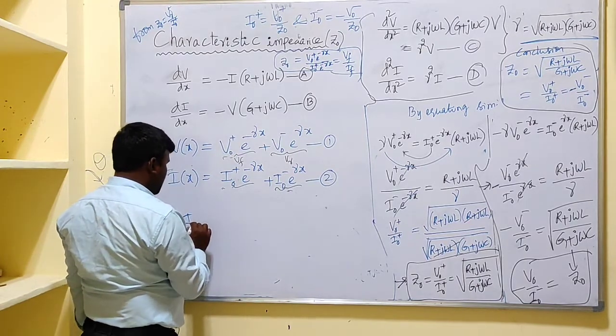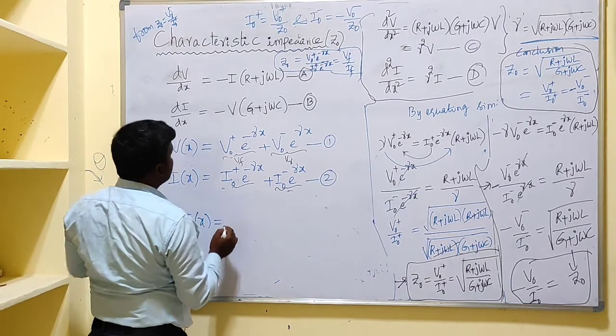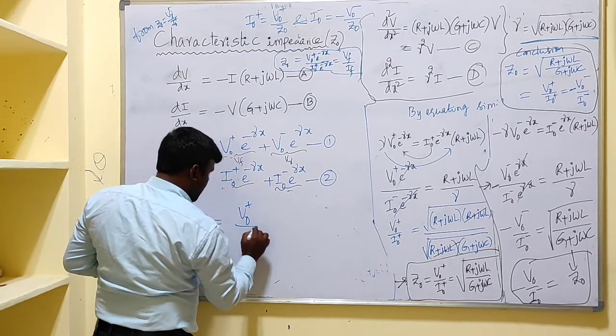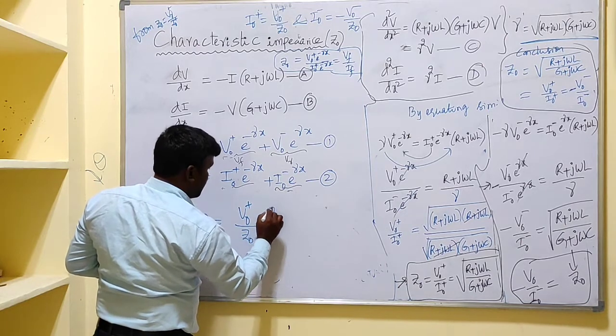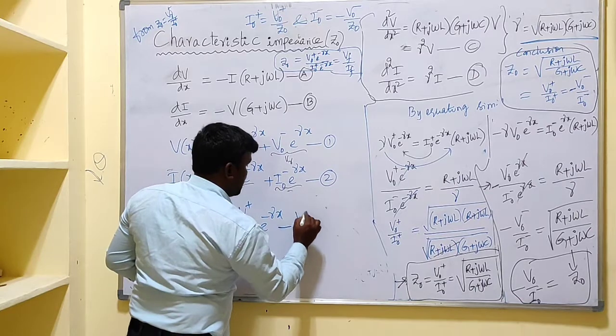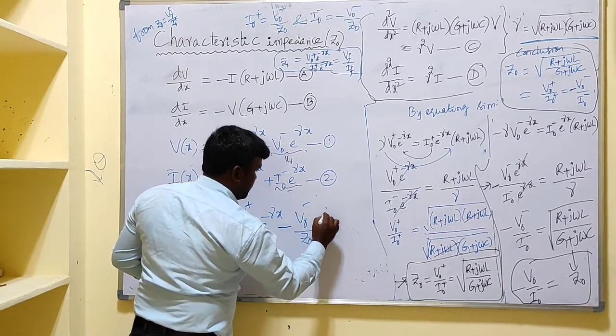Therefore I of x is nothing but I naught plus, which can be written as V naught plus by Z naught e to the power minus gamma x, and I naught minus can be written as minus V naught minus by Z naught into e to the power gamma x.